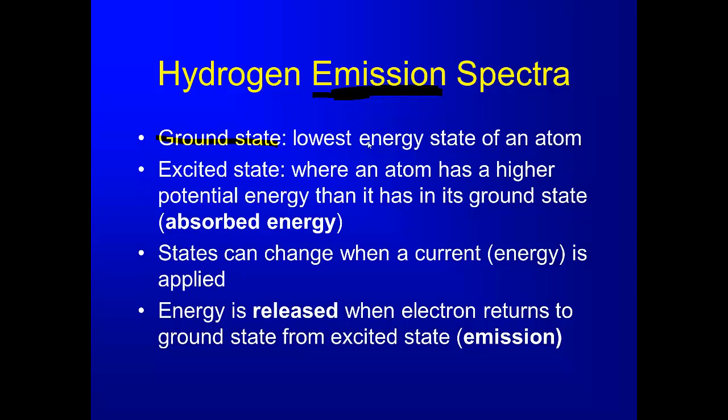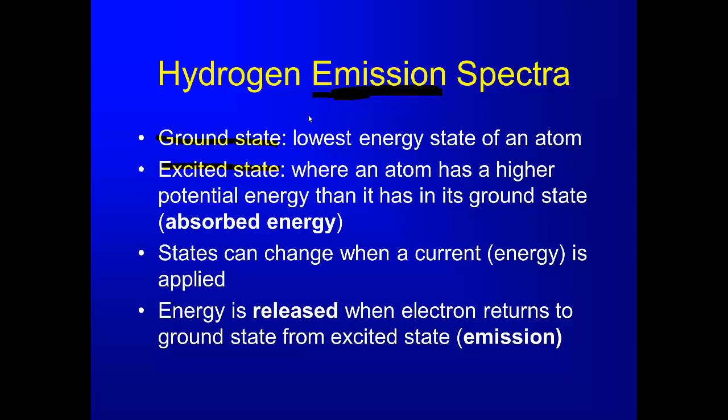Ground state. That's the lowest energy state of an atom. Every single electron configuration we have been writing has been a ground state configuration. Then an excited state would be if for some reason it's absorbed some energy and that electron then jumps up to a higher than normal place.